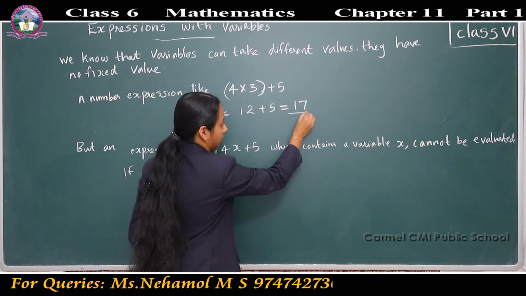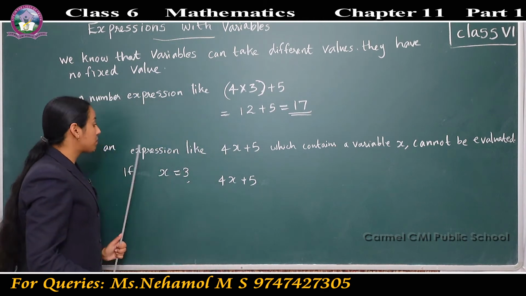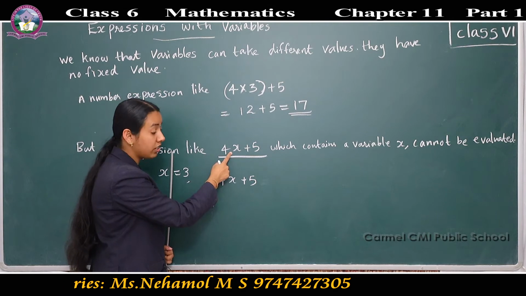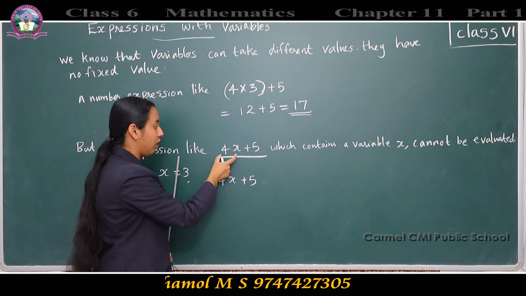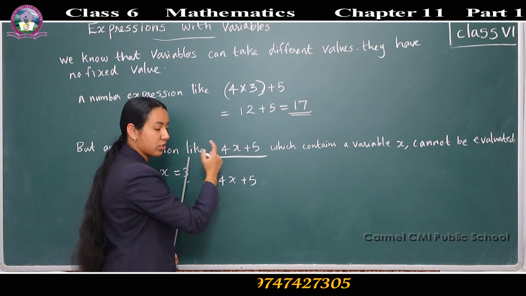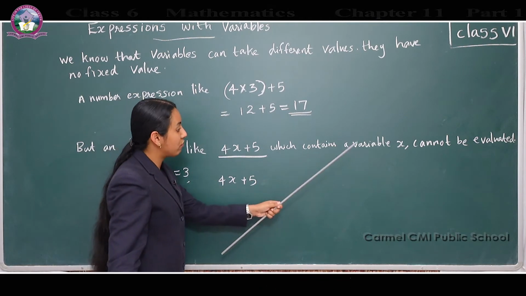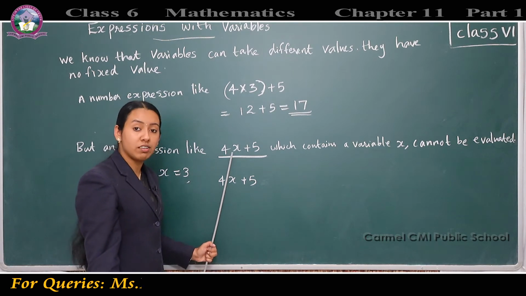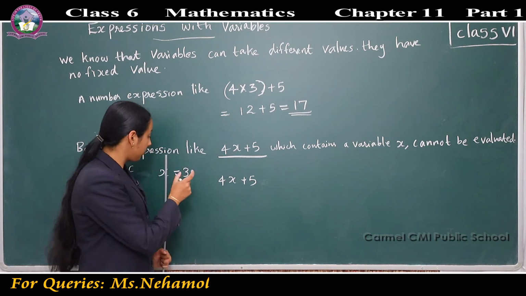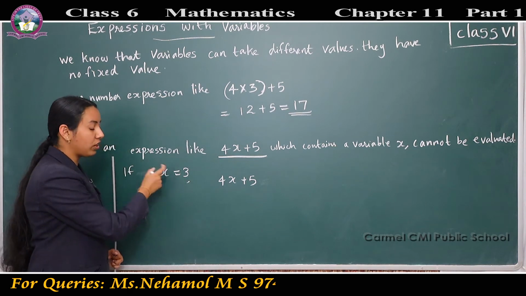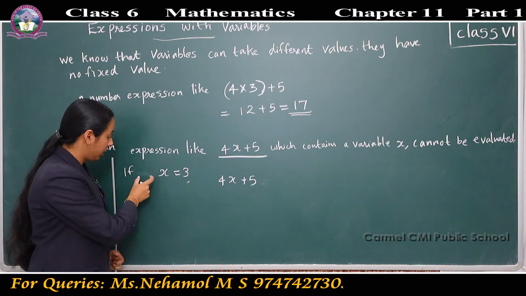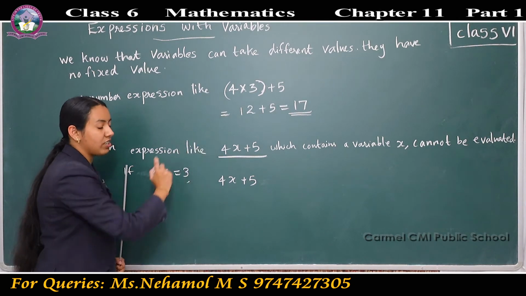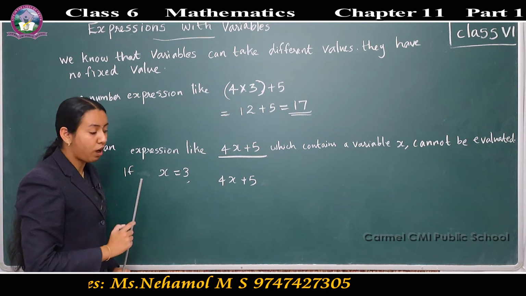But in an expression like 4x plus 5, one variable is there. Which one? x is the variable. An expression like 4x plus 5 which contains a variable x cannot be evaluated. But if a value is given for x, say x is equal to 3, then we can evaluate it. How?